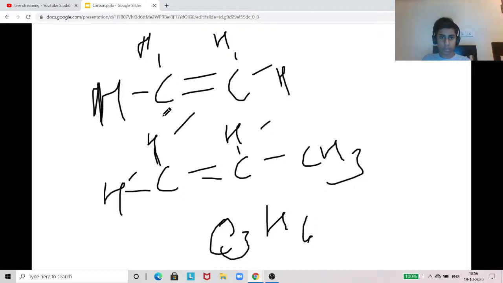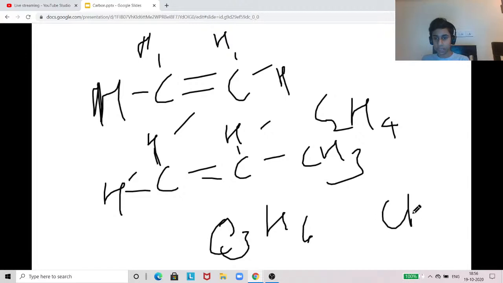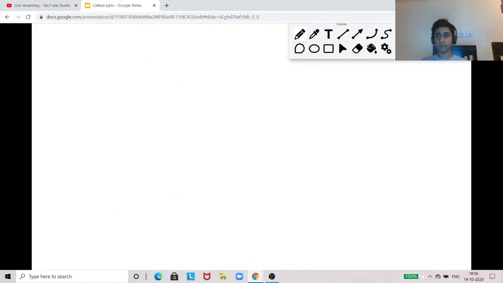C3H6. What is this? C2, 1, 2, 3, 4. C2H4. C3H6 minus C2H4, if you remove it, it will be CH2. So, like this, even for alkanes, we see that it differs by CH2 in its molecular formula.